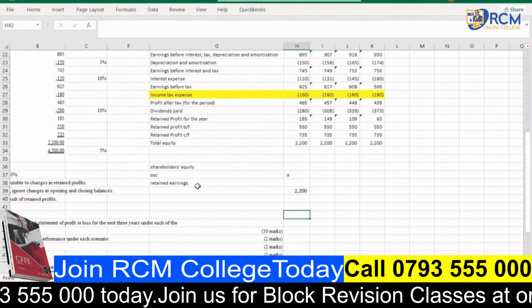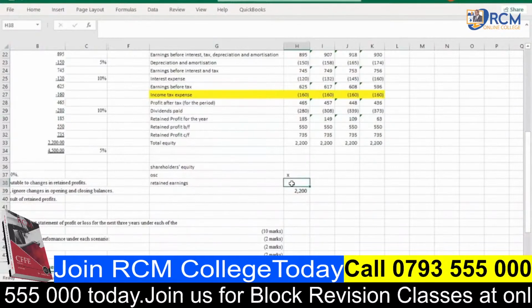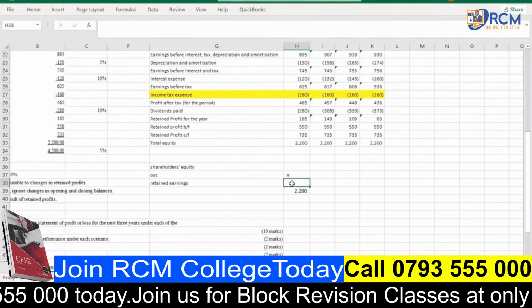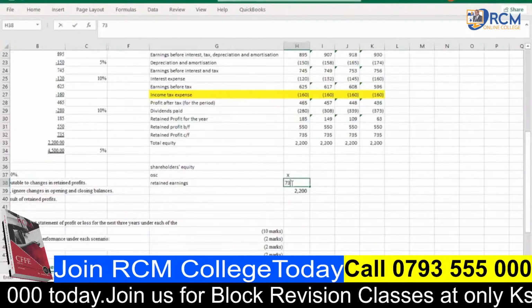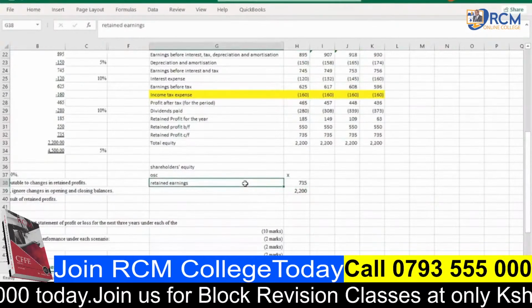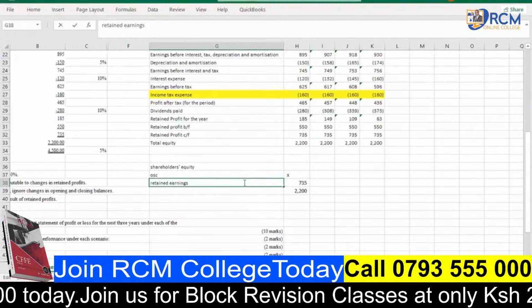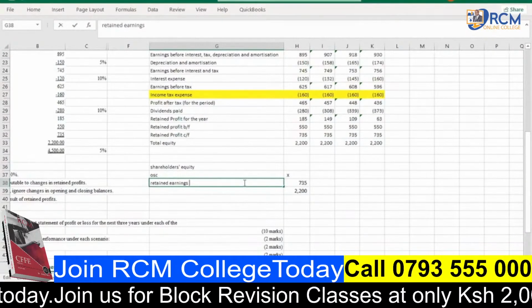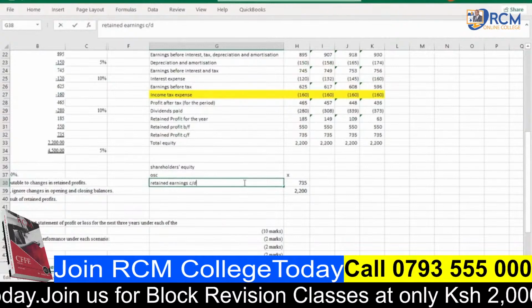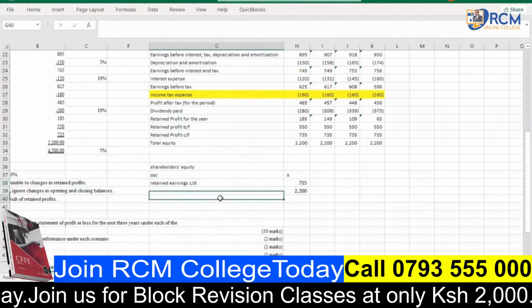Then we have also been given that retained earnings for 2022 is equal to a total of 735. The retained earnings we are referring to here, which is supposed to be brought to the statement of financial position, is the retained earnings carried down or carried forward.